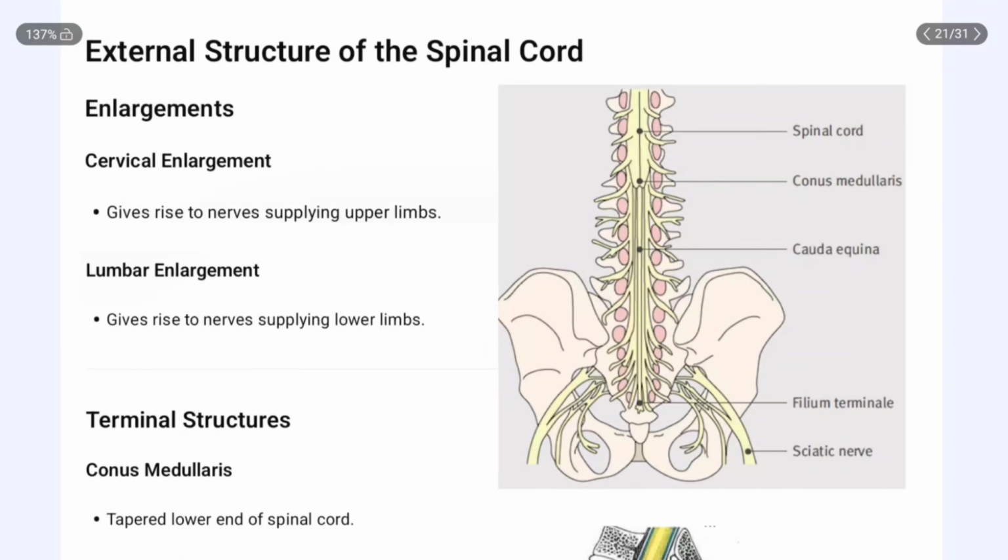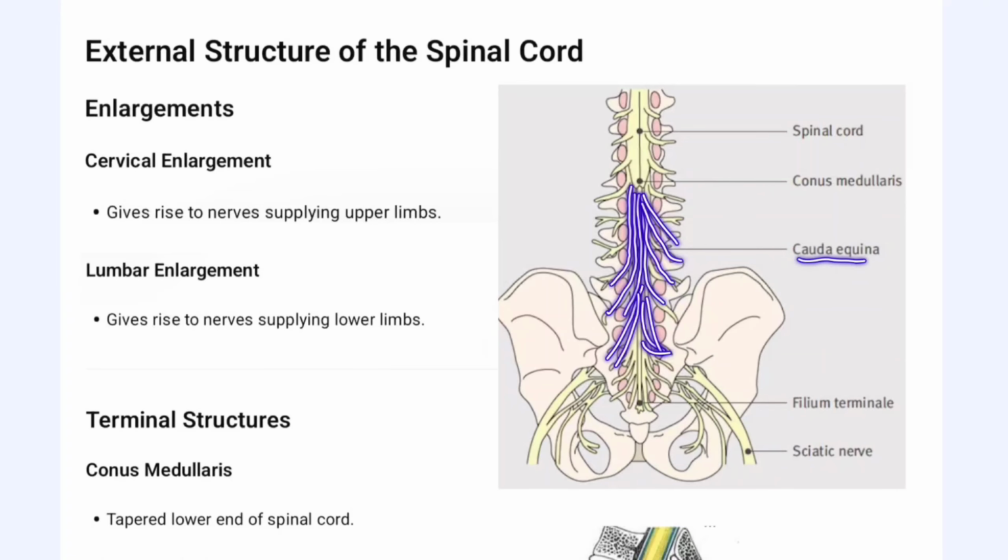Here in this photo you can see this is the spinal cord. This whole thing in yellow color is the spinal cord. This part is the conus medullaris. After that you can see there are the extensions of the nerve roots which is extended as a tail of the horse.